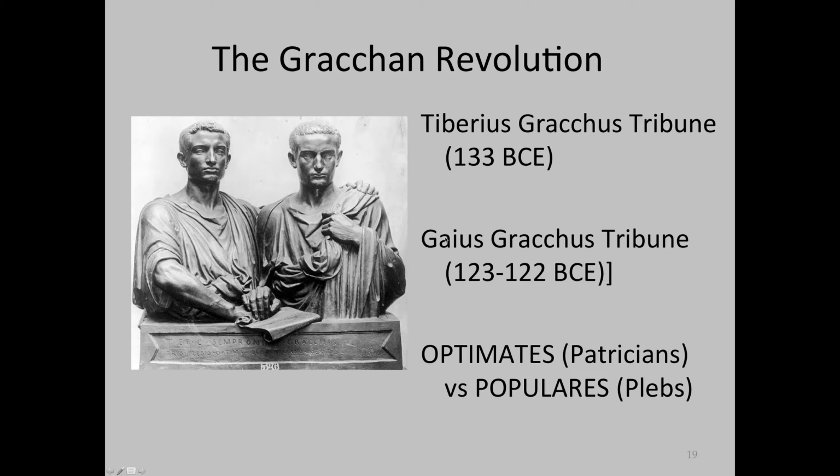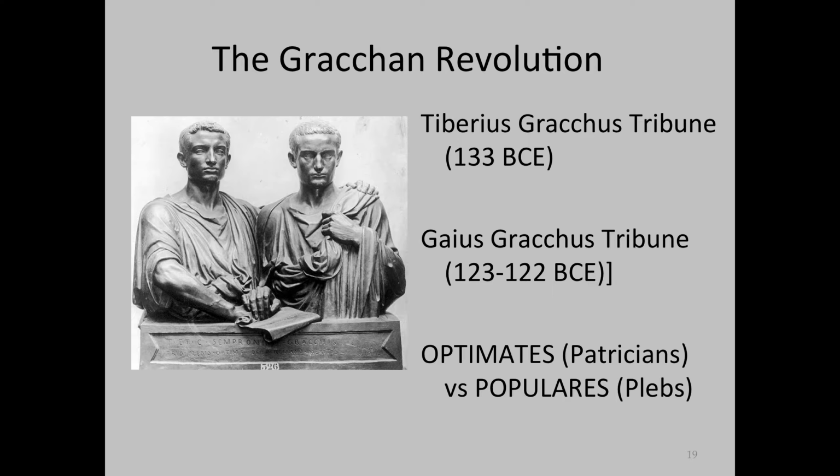Also, he went a step beyond his older brother and urged that all members of the Roman Confederation, all of the so-called Italian allies who were serving in the army, be given the full rights of Roman citizenship, so that they had rights to all political offices.